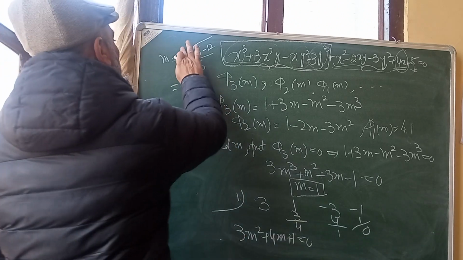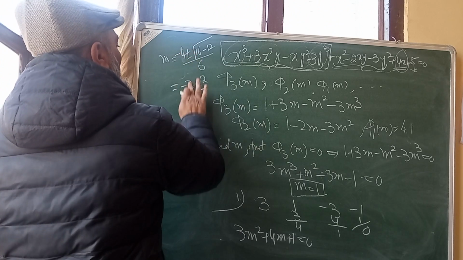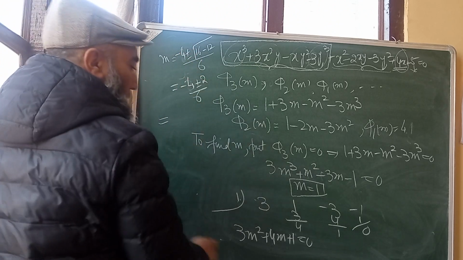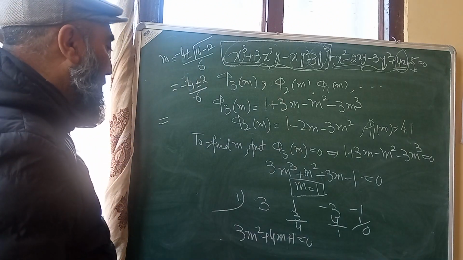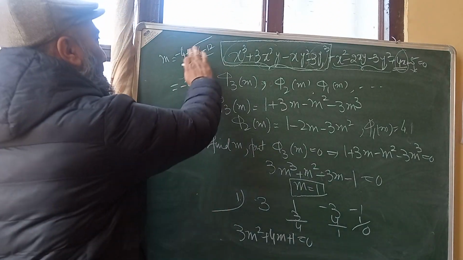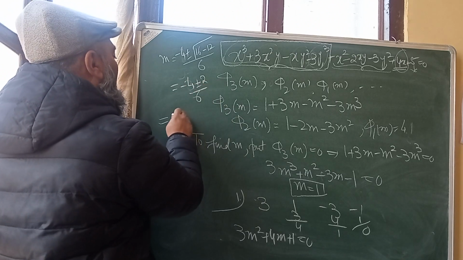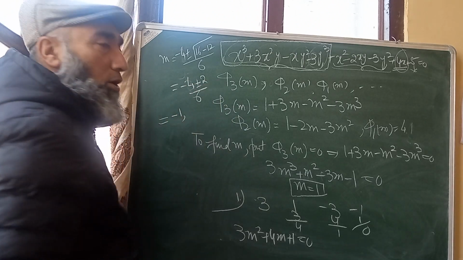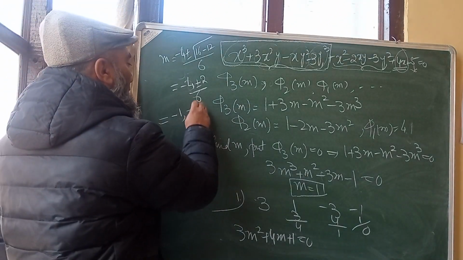Oh, sorry, this is minus b, minus 4. Minus b plus minus root of b square: 4 square is 16, minus 4 times 3 times 1 is 12. So it is minus 4 plus minus 2. So minus 4 minus 2 is minus 6 by 6, which is minus 1. Minus 4 plus 2 is minus 2 by 6, so it is minus 1 by 3.